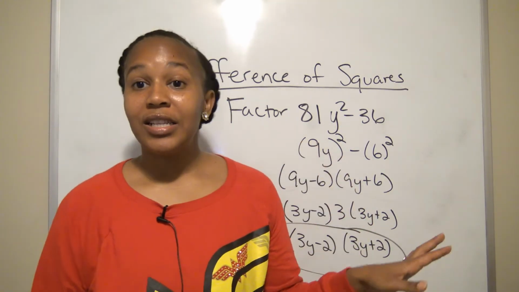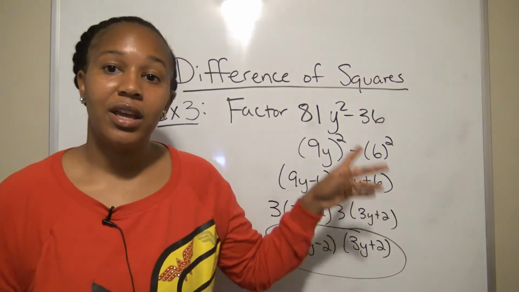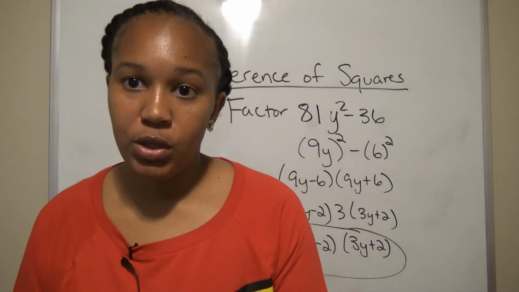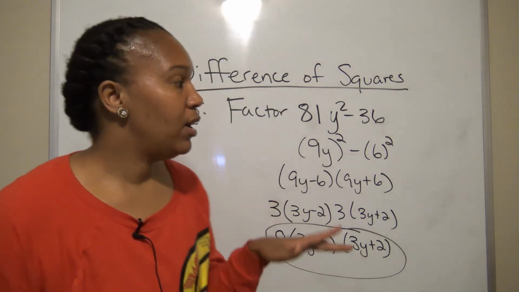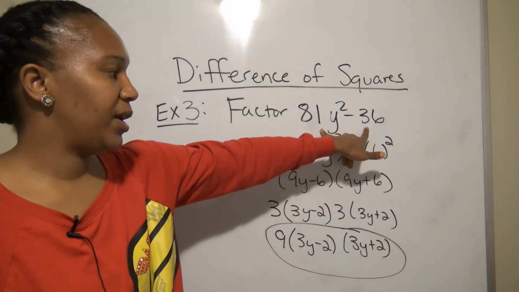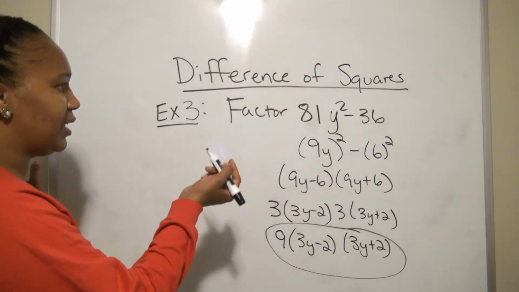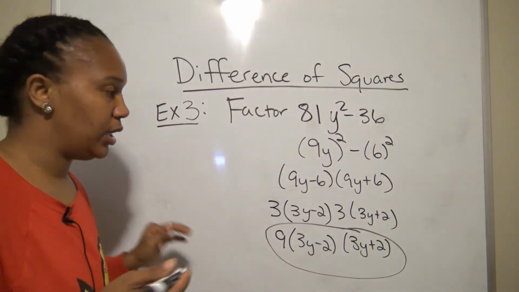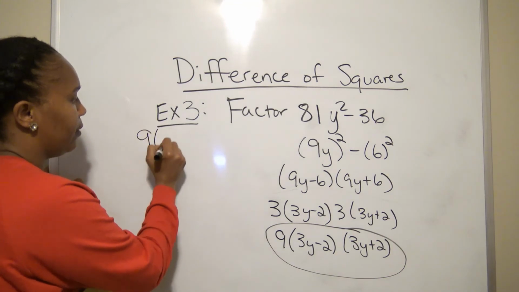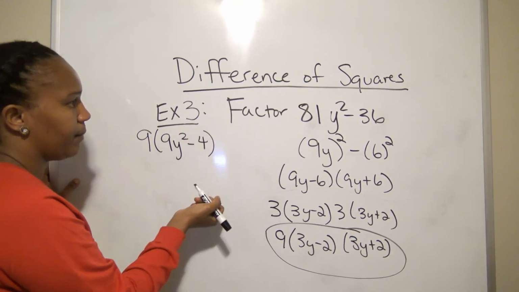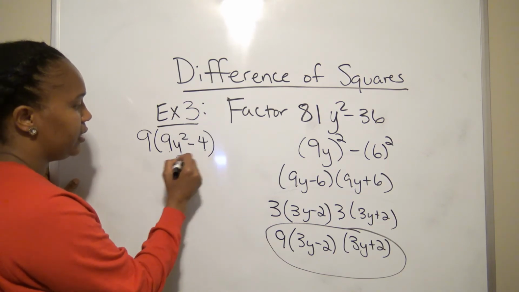So now I actually did this by looking and noticing that those were the difference of two squares, but technically when you factor, the first thing you're supposed to do is pull out the GCF. So if I would have looked at the beginning to see if there was a GCF, there is a GCF there, and that GCF is 9. So now I'm just showing you another way you could have done it. You could have pulled out a 9 from the beginning and you would have got 9 times 9y squared minus 4. And then this is the difference of two squares.